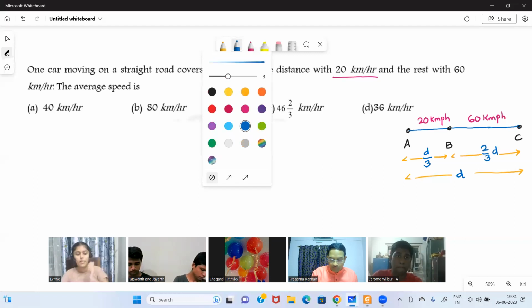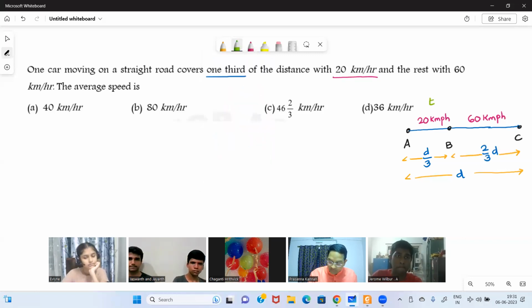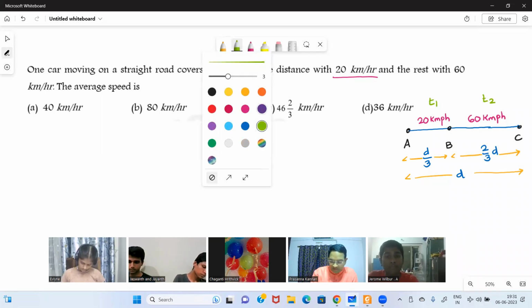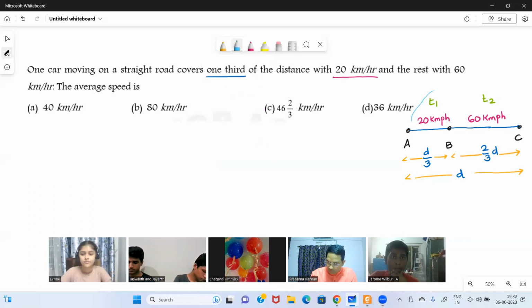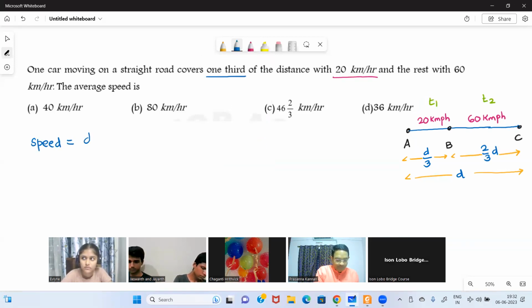Of course, we don't know the timings, so let us say it has taken T1 time for the first part of the journey and T2 the time for the second part. What is the relationship between the speed and the distance? It is once again speed is equal to distance by time.